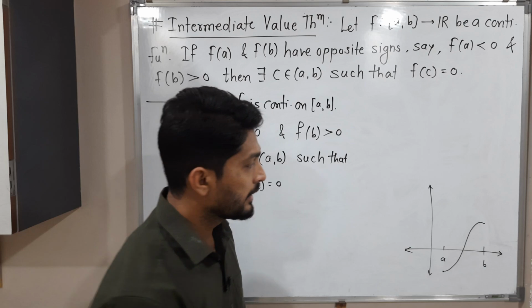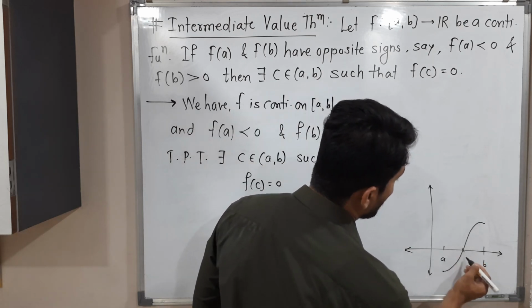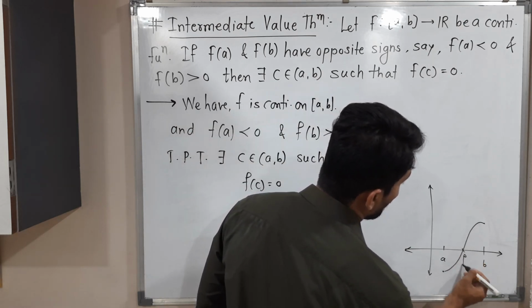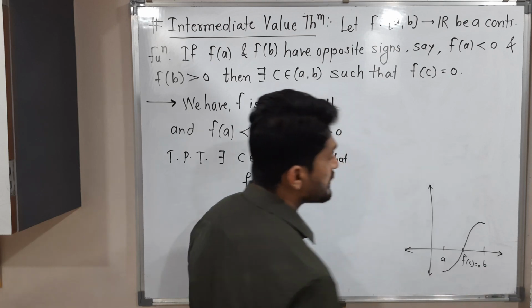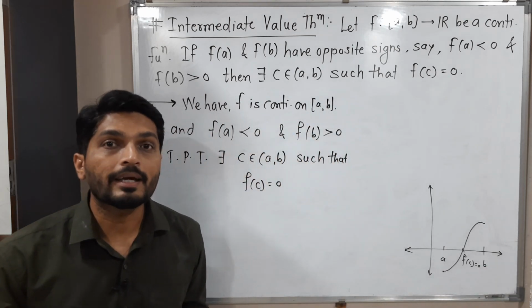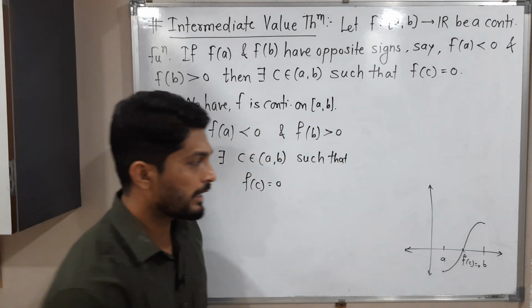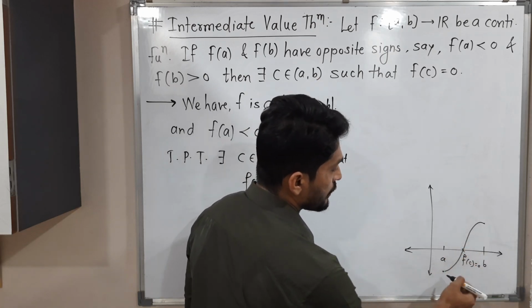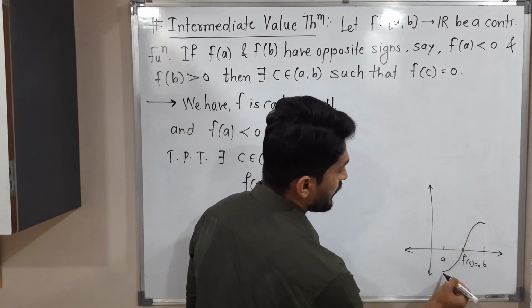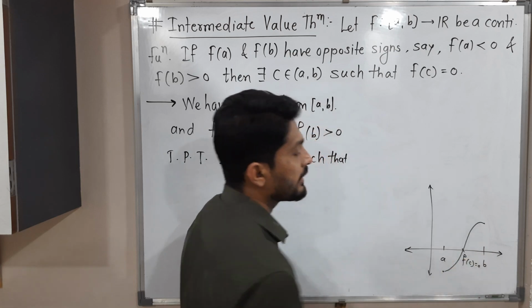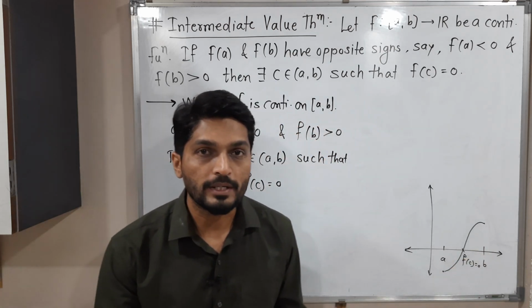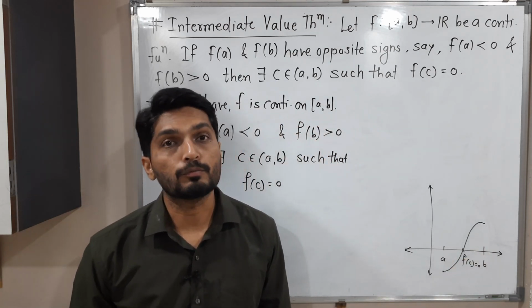Then definitely there will be some point between a and b where f of c is 0. That means that curve will cut the x-axis. It's a very obvious thing. You can draw any continuous curve from f of a to f of b, then definitely it will cut the x-axis at some point c. This thing we have to prove.